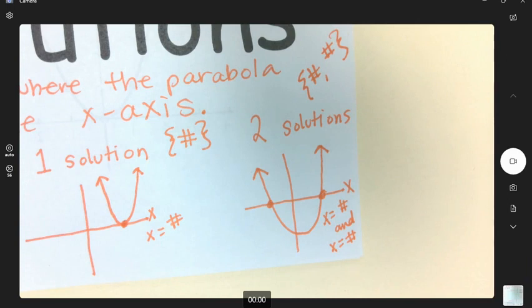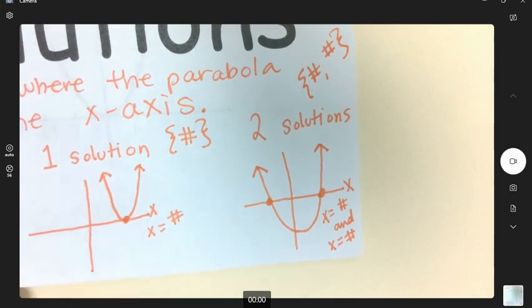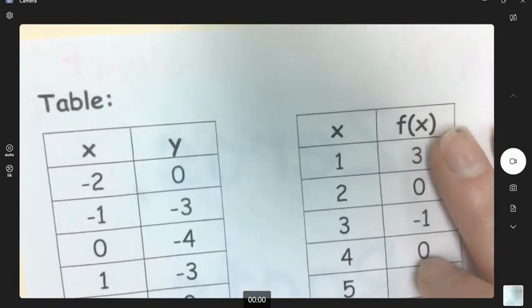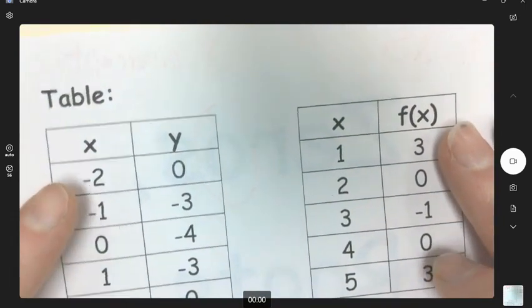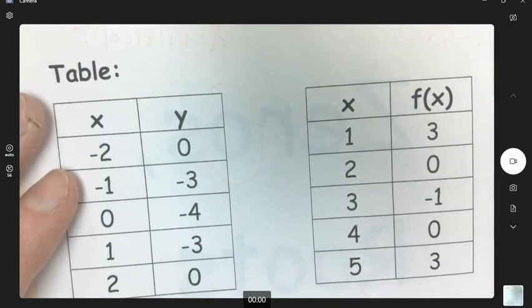All right, once you're done with this page, go ahead and turn it over, or open it up. So this is for graphs. The first example is a table. So for the table, you can either graph it in Desmos and look at it, or you can see it by looking at where y is 0 and x is some number.